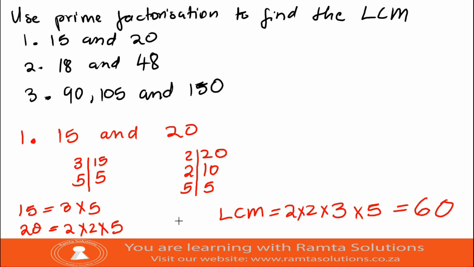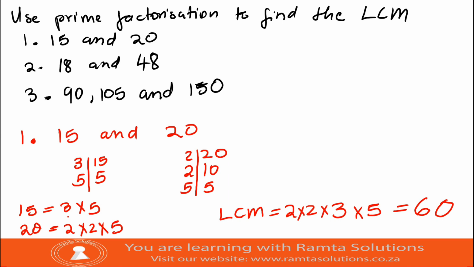Remember, when you want to find the lowest common multiple, account for all the prime factors that are appearing. Note how many times they appear in a number and take the highest number of times that they are appearing. 2 is mostly appearing twice, 3 is appearing once, 5 in both numbers is also appearing once. And this is how we get it.